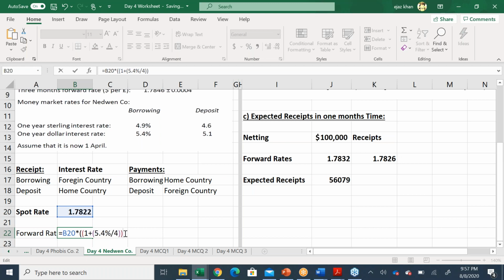And then the same treatment for the home country. So 1 plus, we should pick the home country's deposit rate, which is 4.6%, divided by 4.